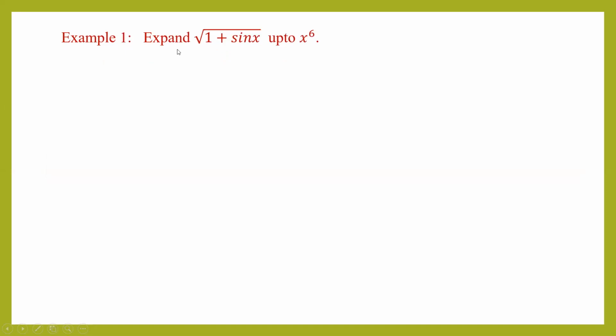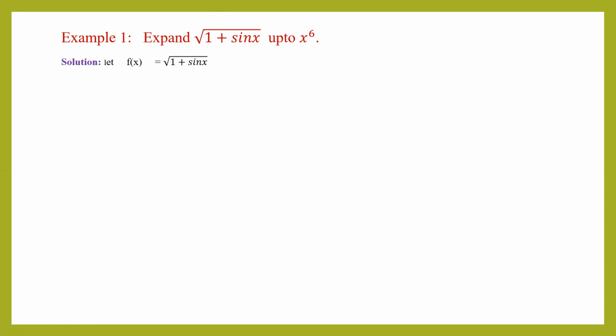Now, suppose we have to expand square root of 1 plus sin x, and we need this expansion up to x raised to 6. So to find the expansion of the square root of 1 plus sin x, we'll treat our function f of x as square root of 1 plus sin x.